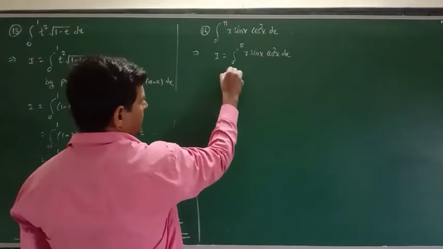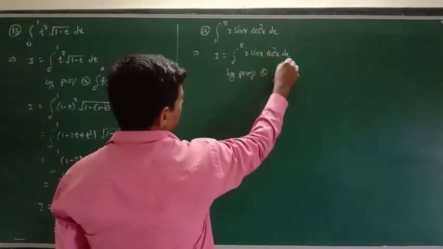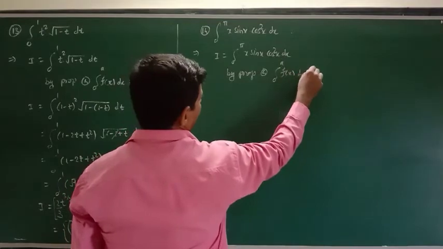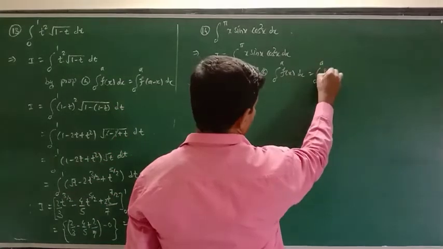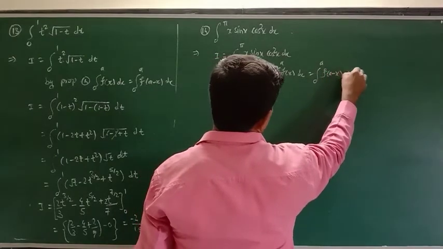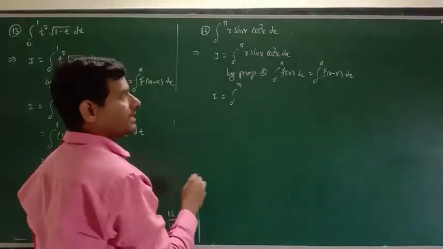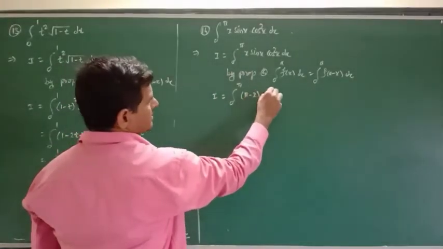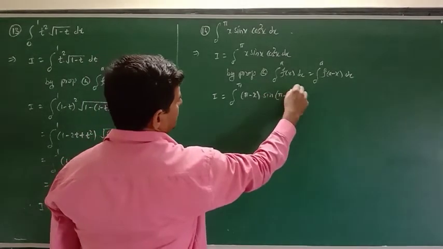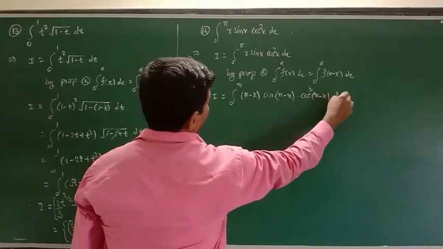By property number 4, the integral from 0 to a of f(x) dx equals the integral of f(a minus x) dx. So by this property, the integral becomes from 0 to pi, replace x by pi minus x: (pi minus x) sin(pi minus x) and cos(pi minus x) square dx.